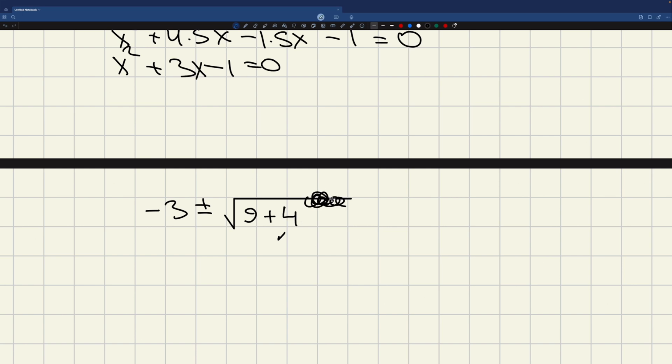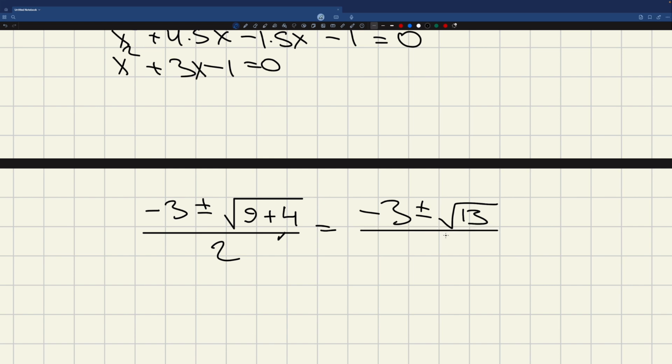I think that part was absolutely not needed. Okay, and all of that over 2a, so over 2, which is equal to -3 plus or minus the square root of 13 over 2.